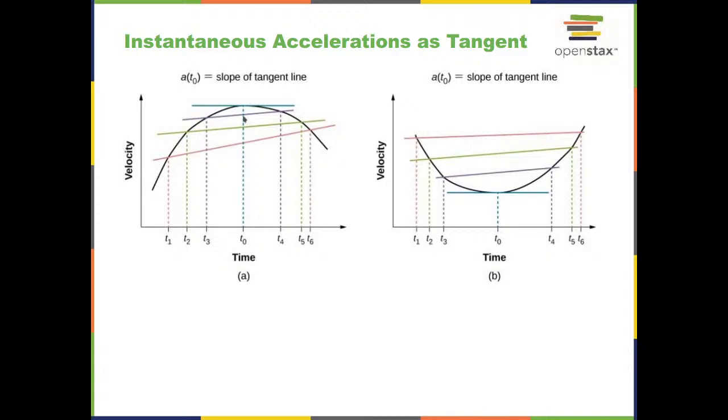This is exactly the same graph as we talked about already before in the case of instantaneous velocity. So again, instantaneous acceleration is going to be the tangent of the function of velocity as a function of time.